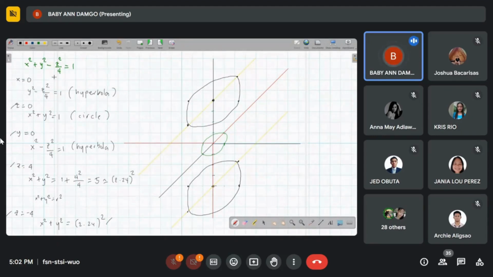Okay? So next is the parabola, a hyperbola. So y squared minus z squared. So diri are y. So mag-change ta og kuan. So our y is 1. So mao ni no. Is 1. And then our z is 2. Kani. Here.